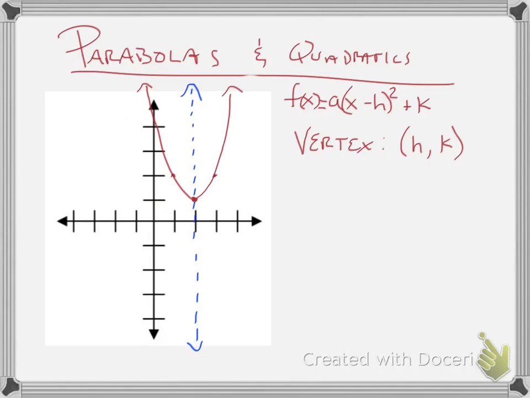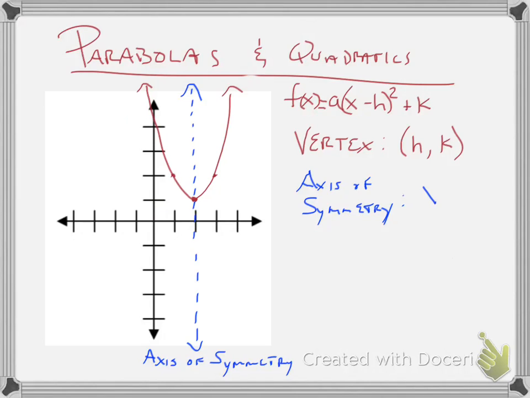There's also a vertical line passing through the vertex that is called the axis of symmetry. And the axis of symmetry, since it's a vertical line, is going to have an equation. When you're asked for the axis of symmetry, you have to give an equation.